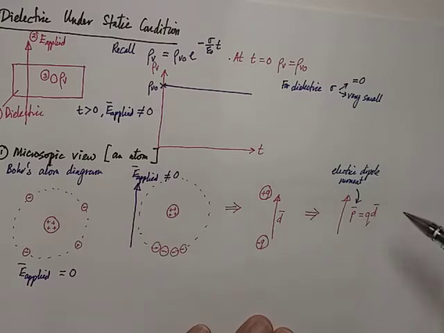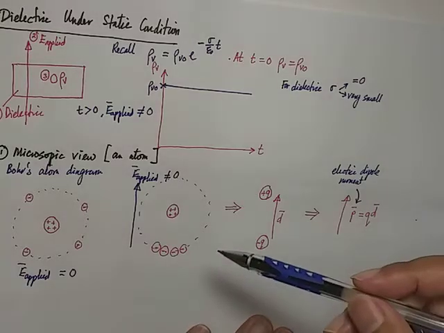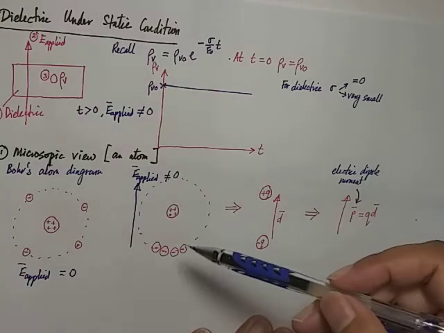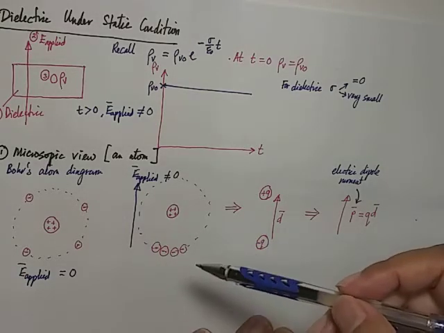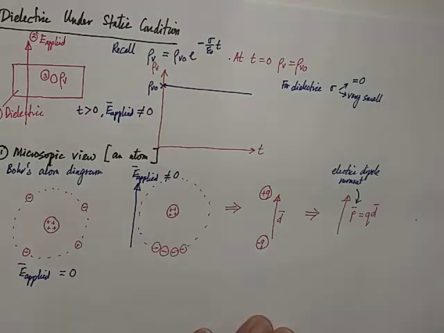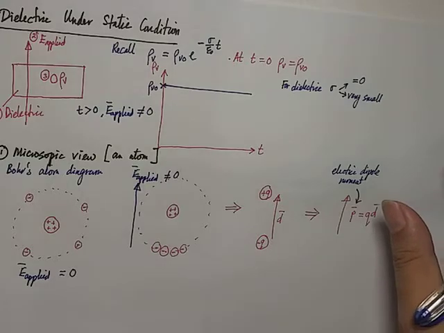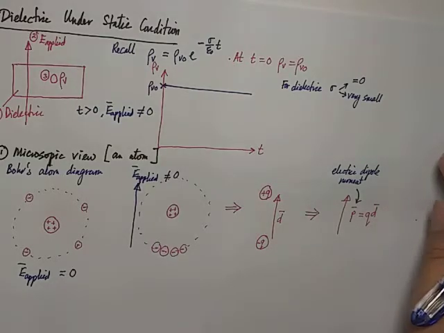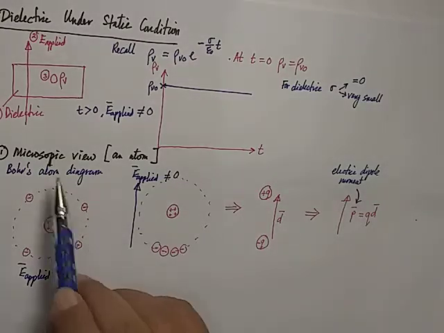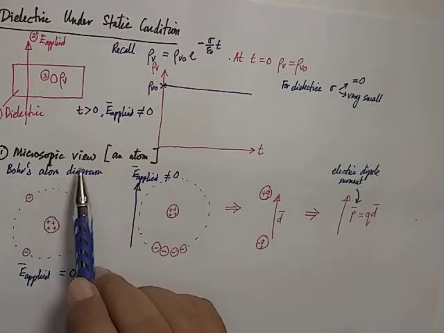So as a conclusion, an electric dipole moment will exist in an atom of a dielectric material when we expose that material to an electric field. Okay, so that's going to be the pattern of an atom, or the outcome of the microscopic view discussions.